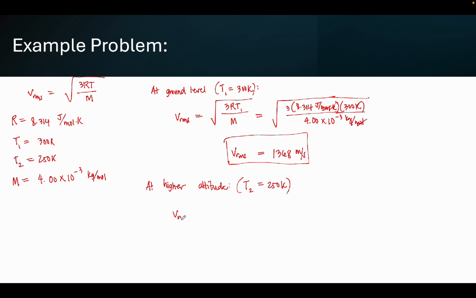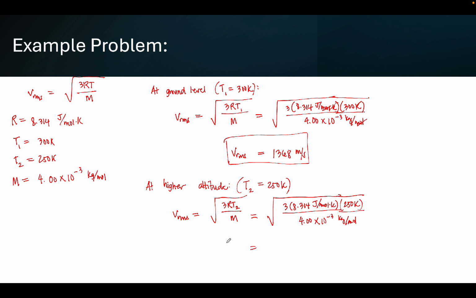The same formula, root mean square speed is equal to the square root of 3RT2 over M. So we have the square root of 3 times 8.314 joules per mole times Kelvin, times 250 kelvins, divided by, again, 4 times 10 to the power of negative 3 kilogram per mole.